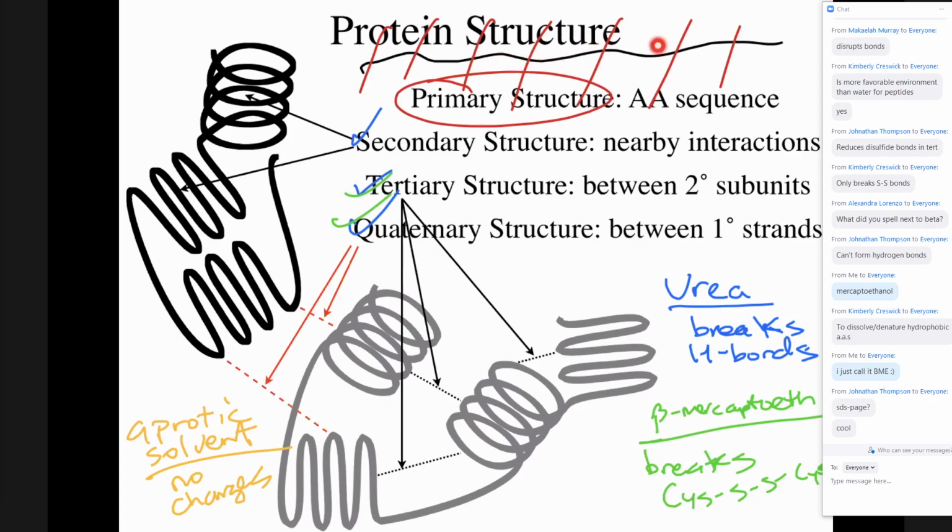It won't bond with itself, and it won't H bond with the solvent. It'll H bond with urea. And so you keep it from renaturing. You get rid of charge interactions. You get rid of hydrophilic or hydrophobic because it'll go in solution. Get rid of H bonds, get rid of cross-linking. To sequence, you basically want to get rid of everything. You want to denature the protein. You want to untie that shoelace into an easy to cut form.